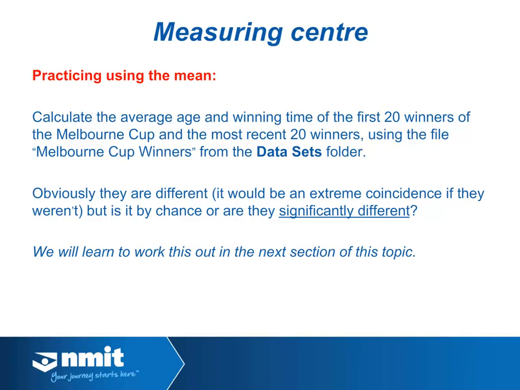But the question is, are they different just due to chance, or are they different for a reason, which we refer to as significantly different? And when we get into inferential statistics, we'll look at methods to work out whether or not the first 20 Melbourne Cup winners and the most recent 20 Cup winners are different, not due to chance, but for a reason.